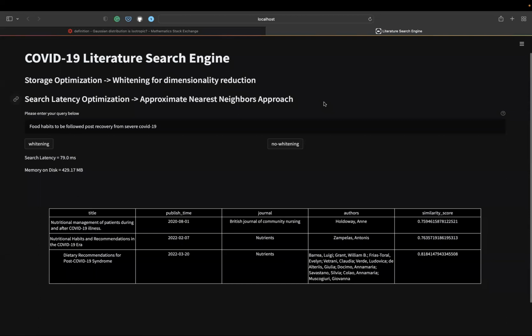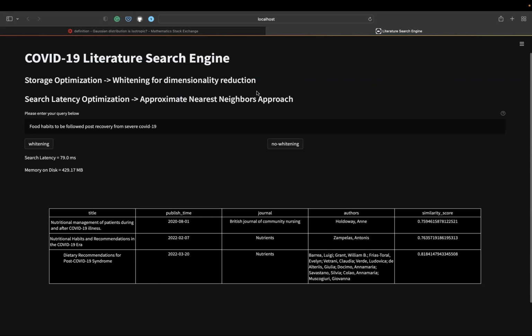I have already done the second step, latency optimization using Annoy, but the storage optimization is yet to be done.